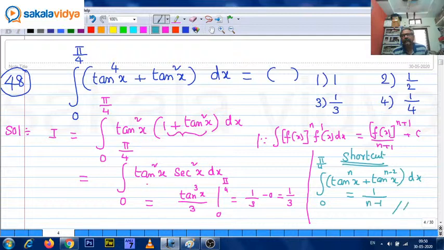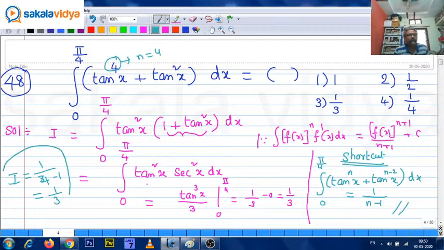This is the shortcut. Here n equals 4. Therefore I equals 1 by n minus 1, which is 1 by 4 minus 1, that is 1 by 3. So directly in one step we can write the answer. That's why option 3 is the right option.